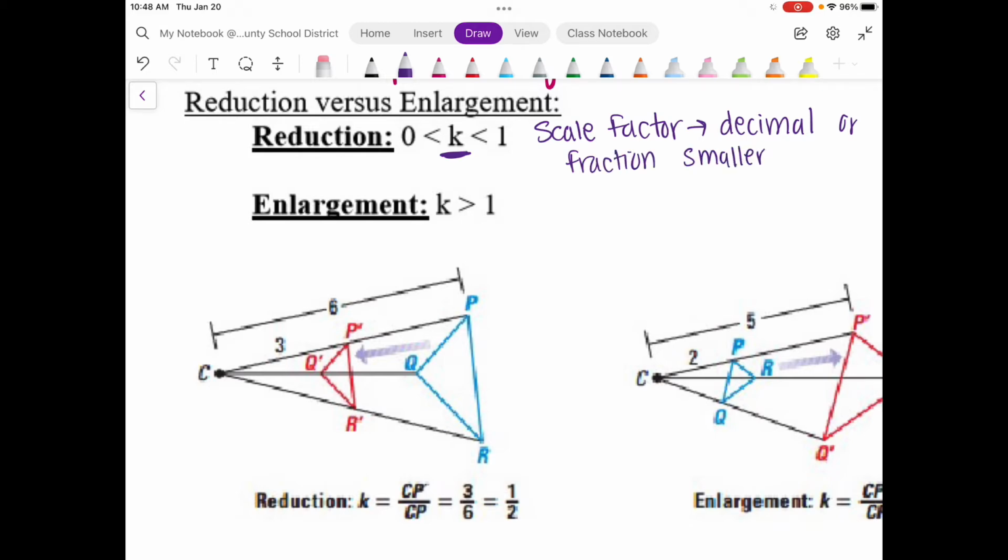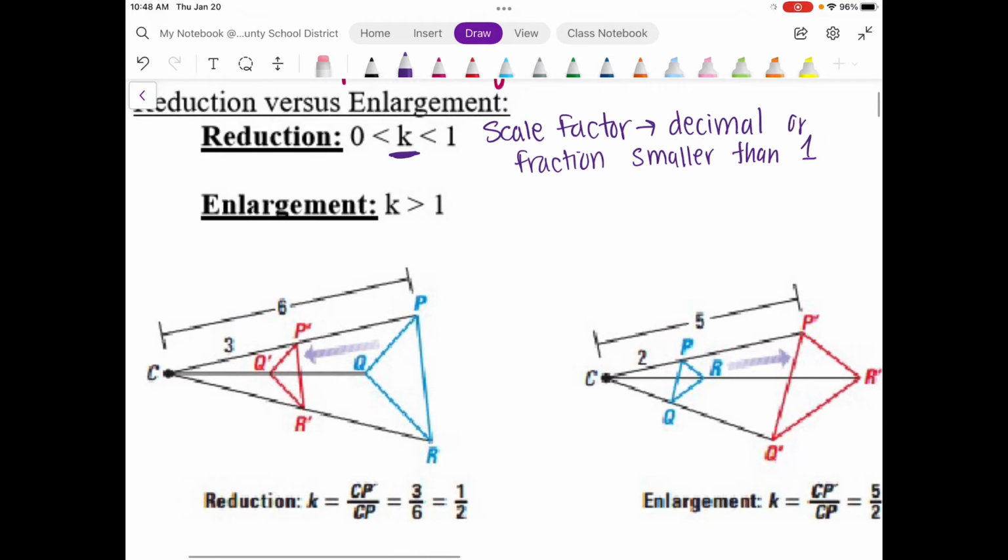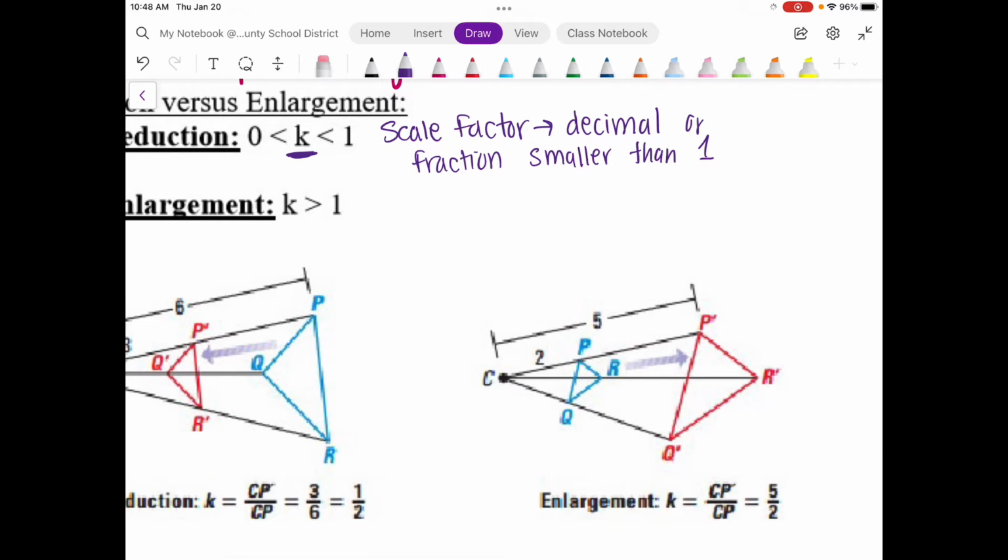Okay, so just because it is a decimal or just because it is a fraction, it doesn't automatically mean it's a reduction. Okay, it has to be less than 1. So I'm talking maybe it's 0.5, or we write it as 1/2. Both of those numbers are less than 1. Therefore, they would be representing a reduction. Reduction means small. It becomes smaller.